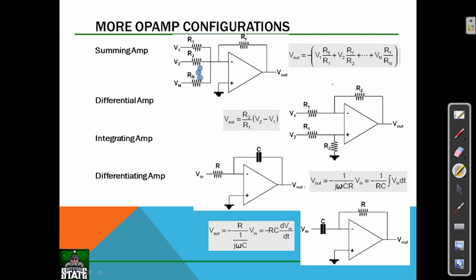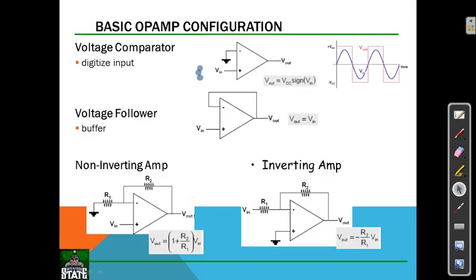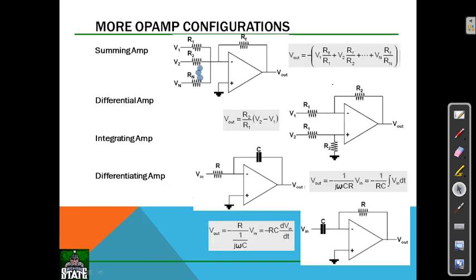It is the same as what we have seen previously: an inverting amplifier, so the positive is connected to ground and the negative is connected with the resistors and a feedback resistor. The formula for the summing amplifier is V out equal to minus V1 times RF divided by R1 plus V2 times RF divided by R2 plus dot dot dot, up to Vn times RF divided by Rn. That is the formula for the summing amplifier.